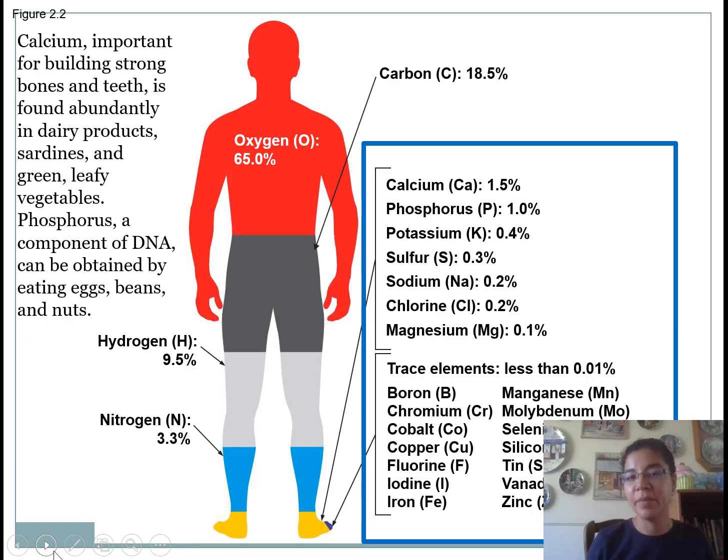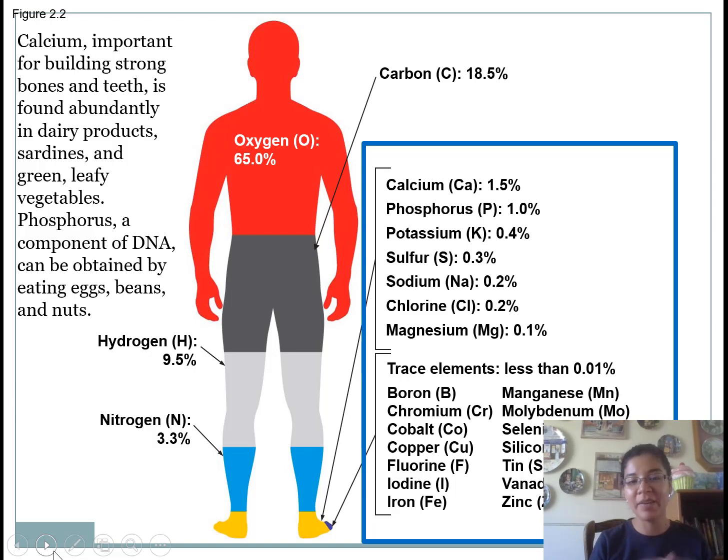So even though we're made up of mostly the 4 elements, carbon, hydrogen, oxygen, nitrogen, it doesn't mean that we don't have other elements that make us up. It just means that the other ones are in a very small amount.